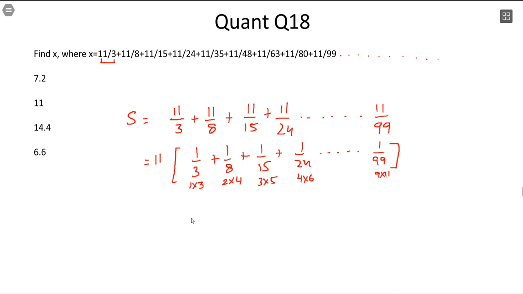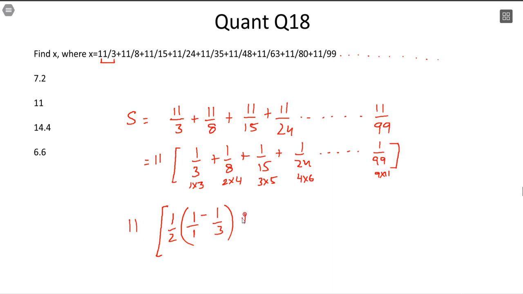You want your terms to break down as 1 by 1 minus 1 by 3. But the problem with this is, this expression right now will give you 2 by 3. But you need eventually 1 by 3. So there will be a half outside of it. The 11 is there, don't worry about it. There will be a half outside of it.